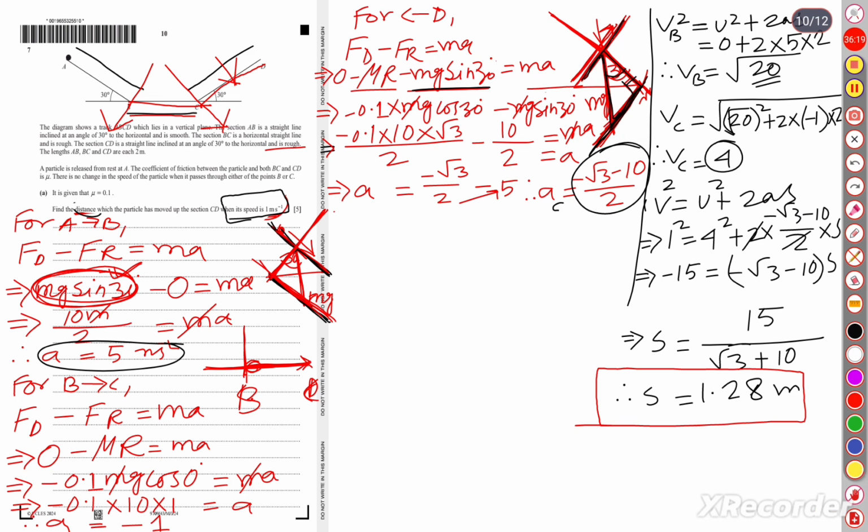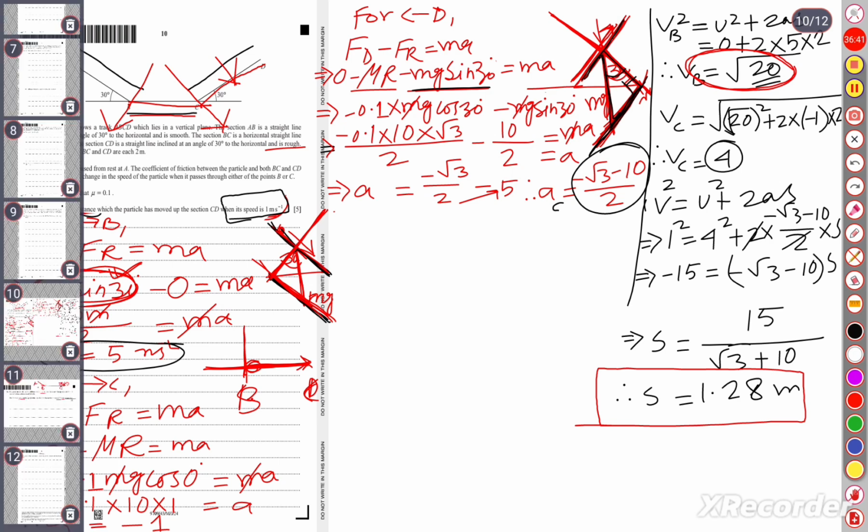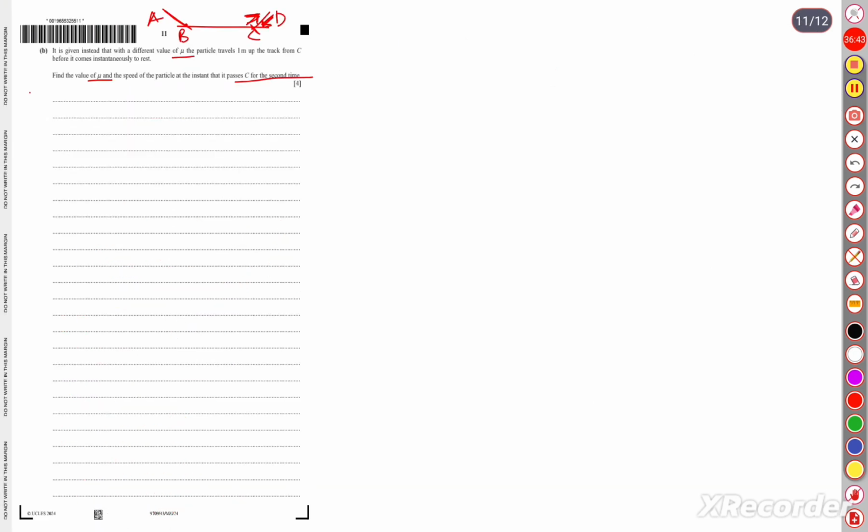Here at B, look at this. Acceleration was this. Then for the first velocity, look, the velocity at B was square root over 20. So this will not get changed because the surface is smooth. Our frictional coefficient will not influence this one. So we will reuse this value. Let me write this over here. This is our velocity at B.